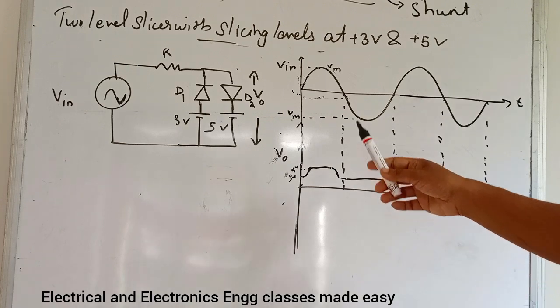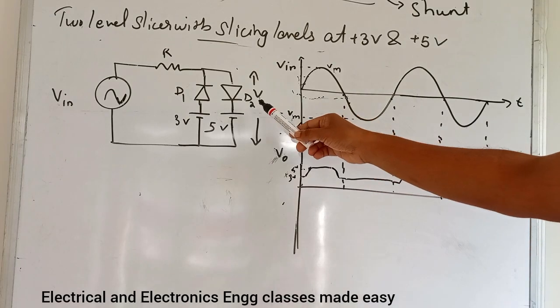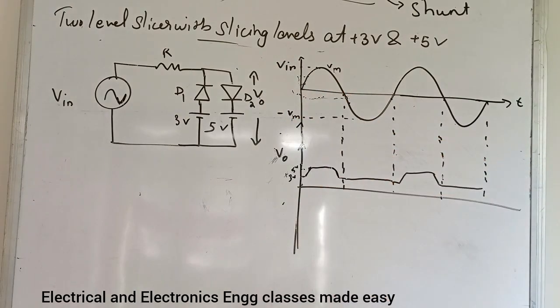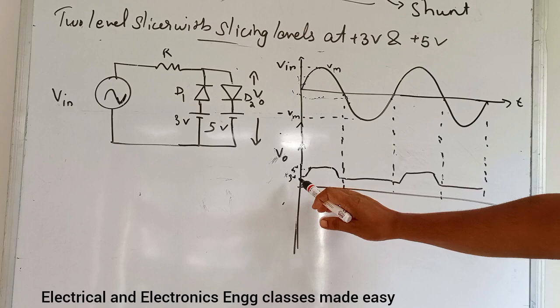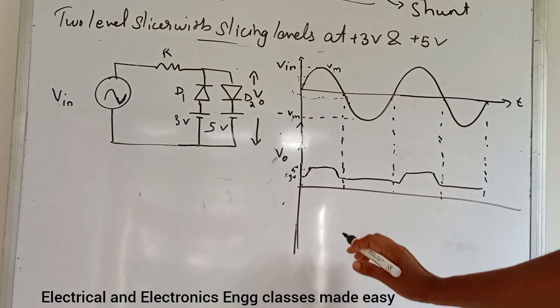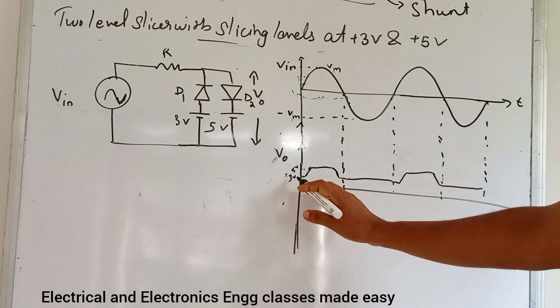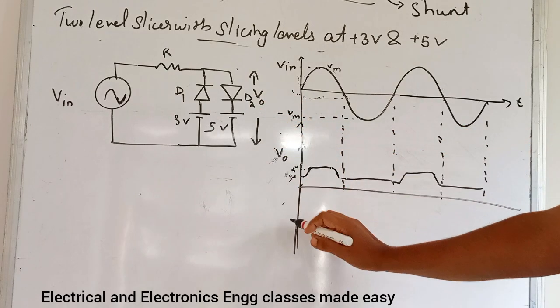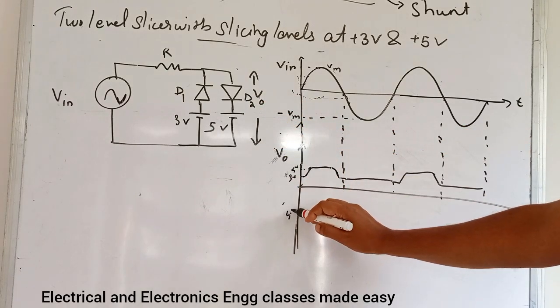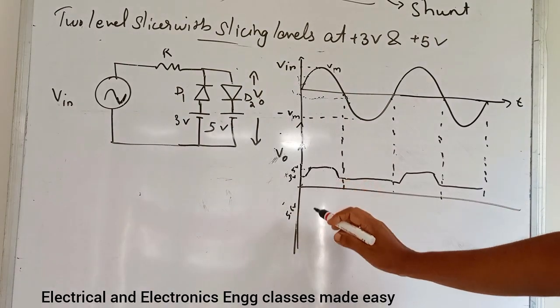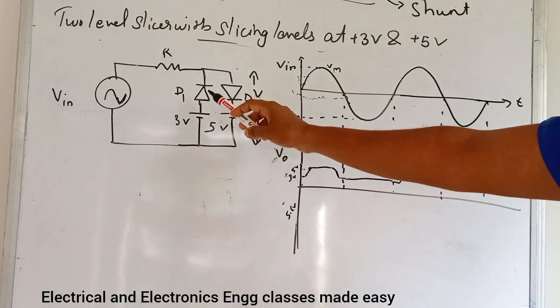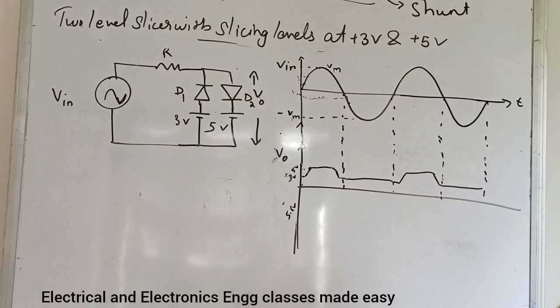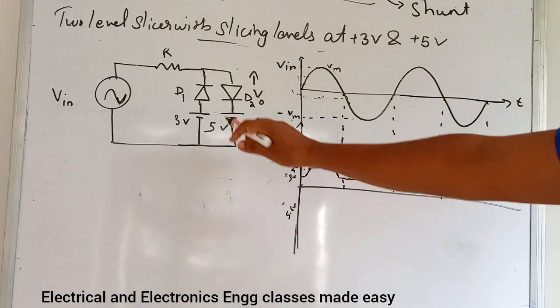And if we are considering the voltage drop across these diodes, then what will be these values? So in practical case, here this is positive and positive. So 5.6 volt will be the upper level. Then here this is negative and this is positive. So we have to subtract.